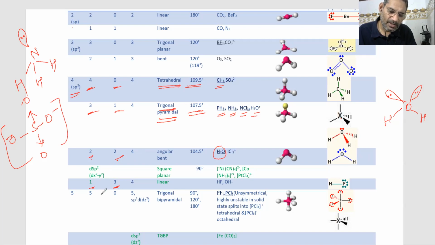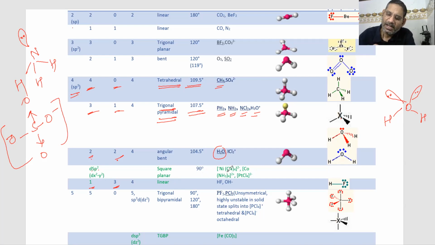Now there is one more, that will be showing this. 1 s, 1 p and 1 d, so it will also be 4, that is dsp2 hybridization. Which d orbital it is: it is not dz square, it is dx square minus y square, and shape will be square planar, bond angle will be 90 degree. How is it square planar?